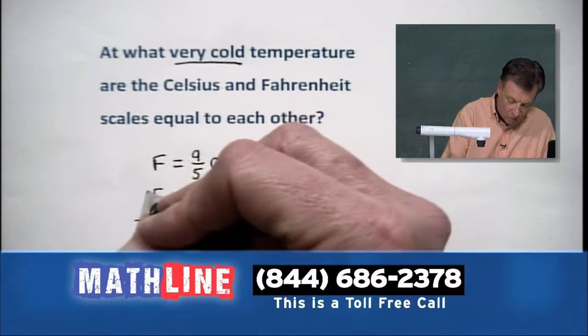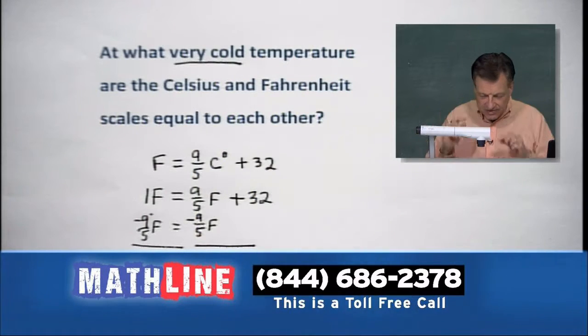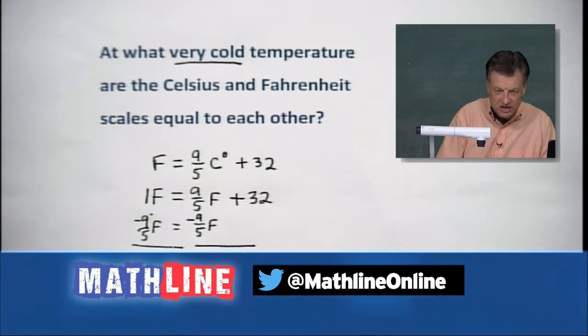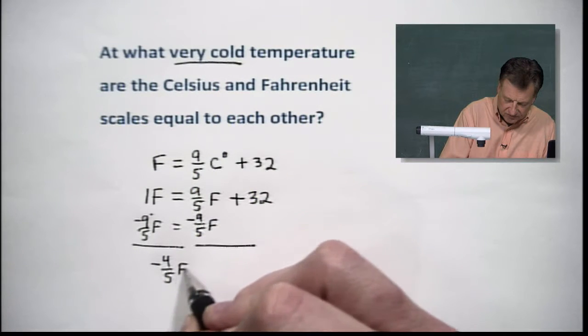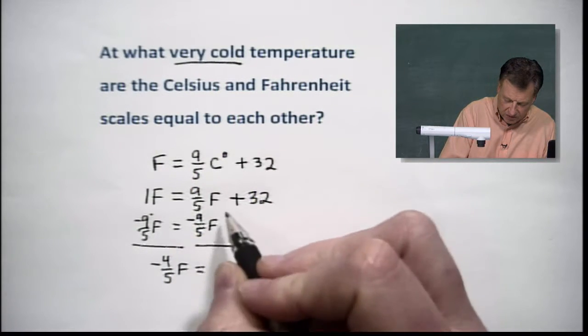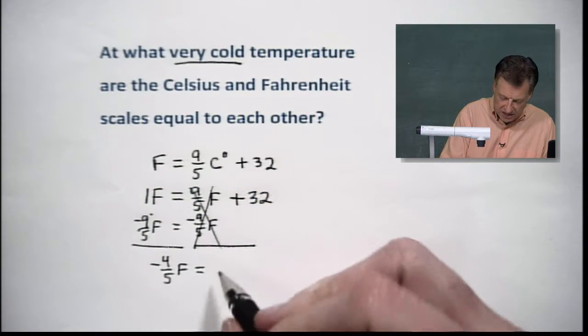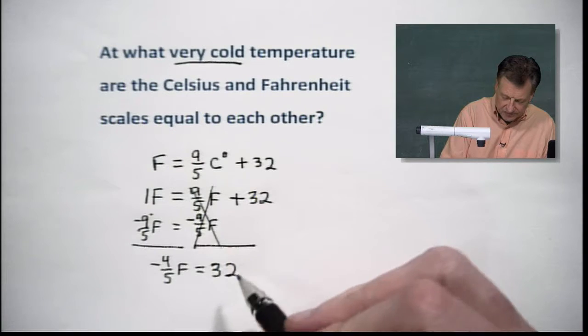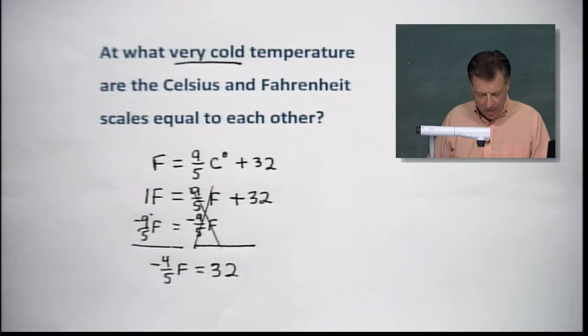Well, this is like having a 1 in front of that F; we sometimes forget that. So this is going to bring us to negative 4/5 F equaling, well, the 9/5 F on the right is gone, equal to 32. Now, some of you are looking at that going, whoa, Ernie, that's going to be a negative number. It looks that way, doesn't it?